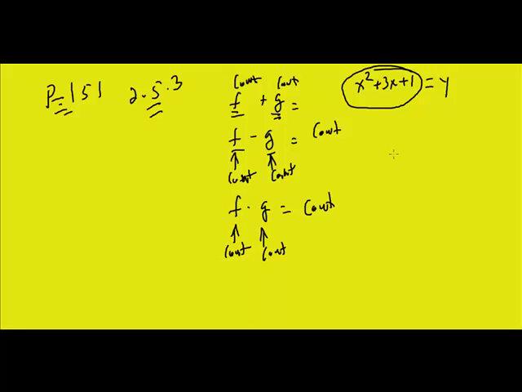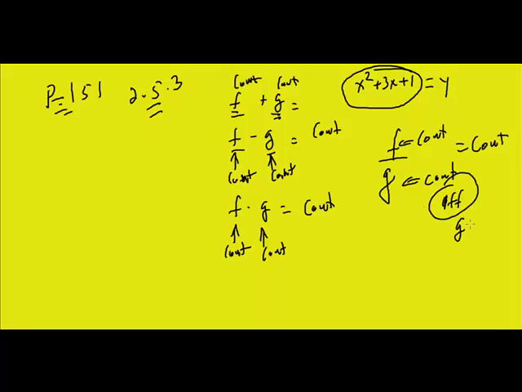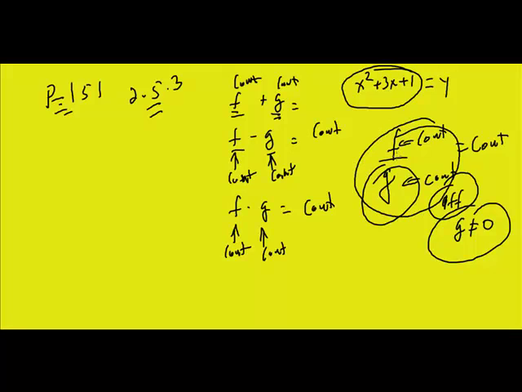The only thing you have to worry about is when you divide, f divided by g. This is continuous if and only if g cannot equal 0. If g is equal to 0, the bottom turns into 0, and this whole thing falls apart. It's not continuous. So all polynomials are continuous everywhere.